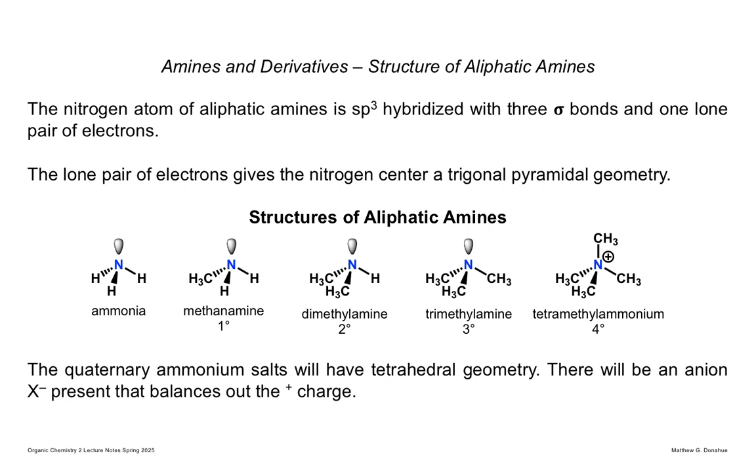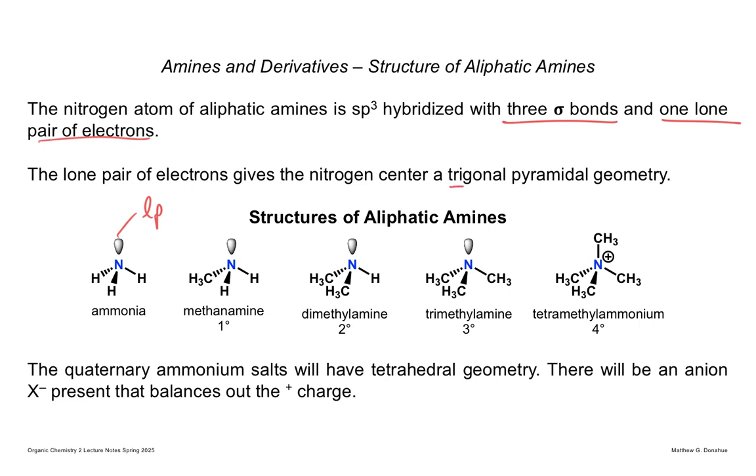So nitrogen will have 3 sigma bonds, and then the lone pair is really what makes it a special element. That's indicated here, the lone pair by that little lobe. In one sense, you can think of that lobe as the 4th substituent, even though when we're doing CIP rules for R and S, we never consider a lone pair a substituent. If it was, it would be the lowest priority.